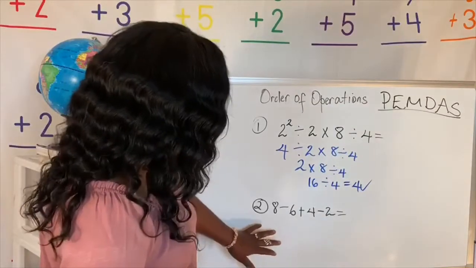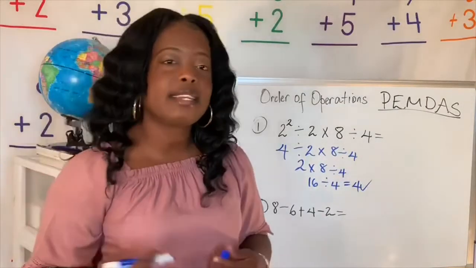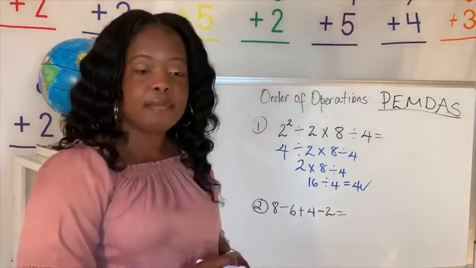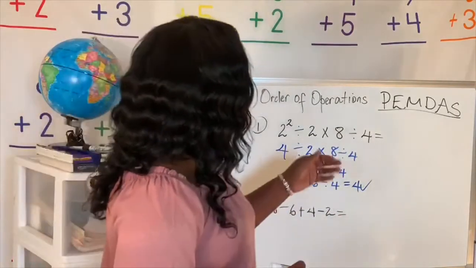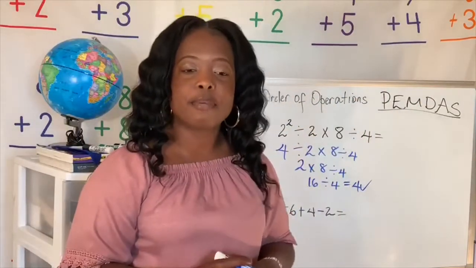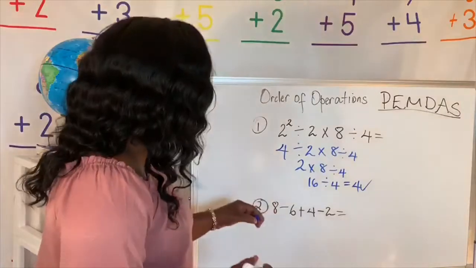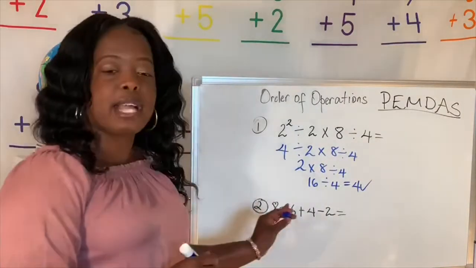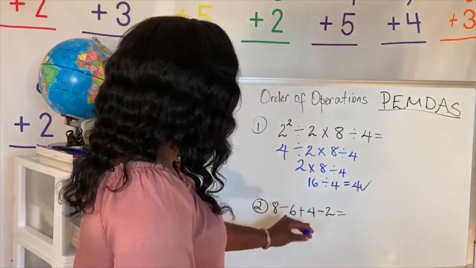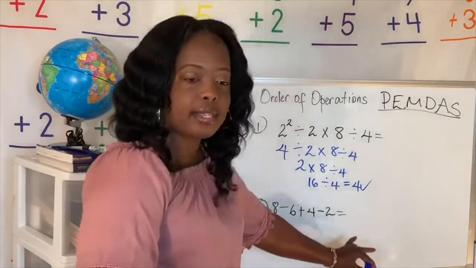Now let's look at this second example. With this second example, we have subtraction and addition. And again, according to PEMDAS, addition and subtraction have the same level of importance. So again, instead of doing addition first, then moving back to subtraction, we can just go ahead and approach the problem moving from left to right.